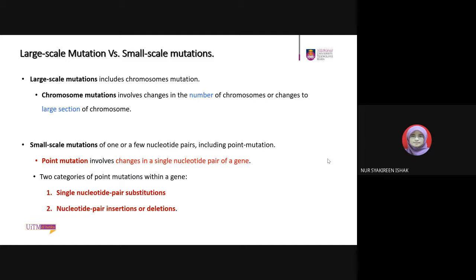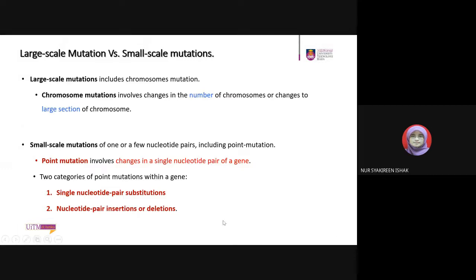So two categories of point mutation within a gene are single nucleotide pair substitution, tukar kan, daripada contohnya sepatutnya A, tukar dia jadi G. Okay, so this produces a different sequence of DNA. So or nucleotide pair insertion or deletion.